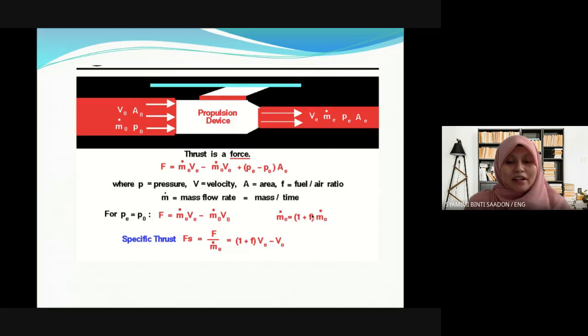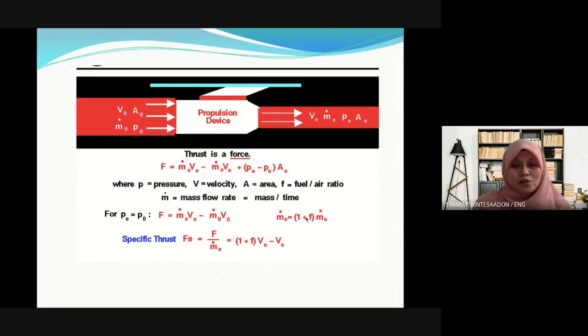So by knowing the conservation of mass, at the inlet we have m naught, which is the mass flow rate of the air intake, and m naught multiplied with F is the mass flow rate of the fuel. So you write the mass flow rate of the fuel in terms of the mass flow rate of air.